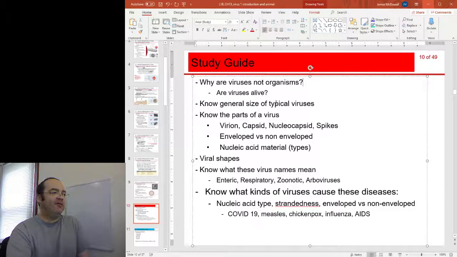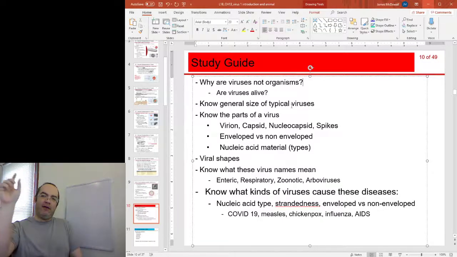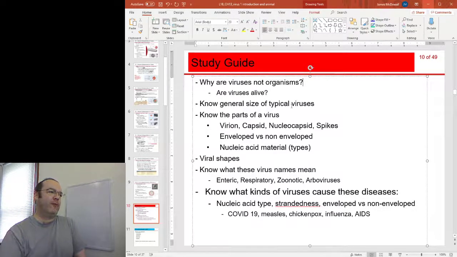General sizes of a typical virus in the nanometers, tens of nanometers on the small side, many hundreds of nanometers on the large side, a wide range of sizes. Now, the parts of a virus, the virion, the capsid, the nucleocapsid and the spikes. Know the difference between an enveloped and a non-enveloped virus.